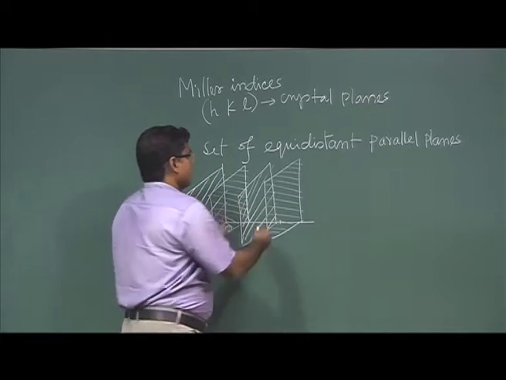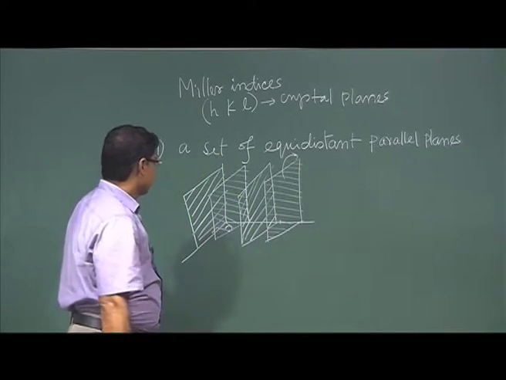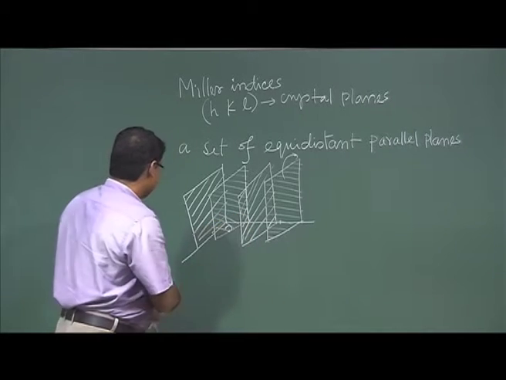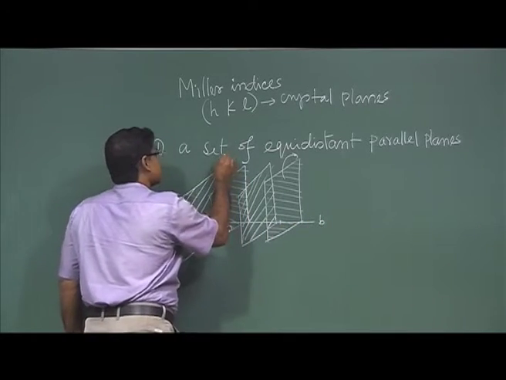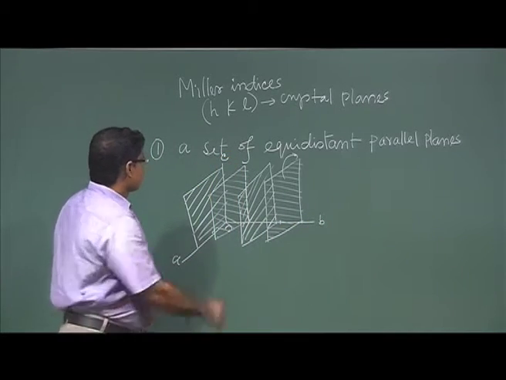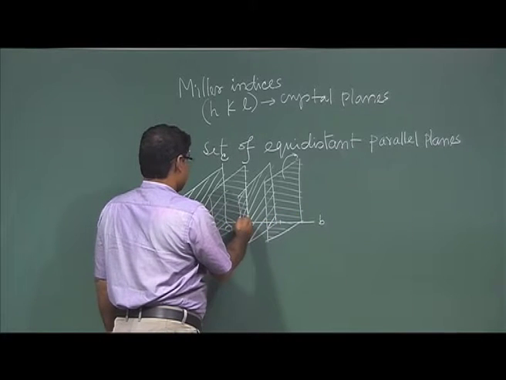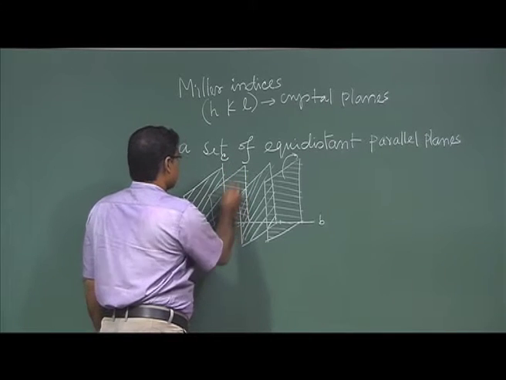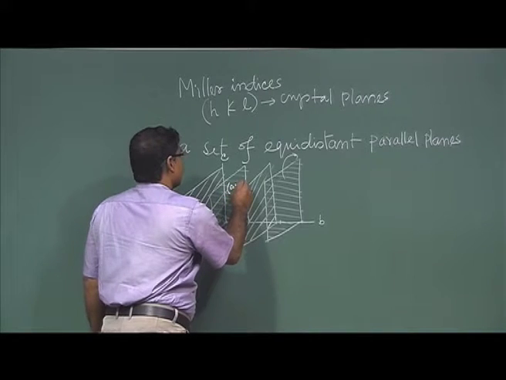So if this plane is represented by, say, which plane will it be? You can see if it is the A axis, the B axis and this is the C axis, this plane cuts the B axis but is parallel to the A and C axes. So it will be the 0 1 0 plane.